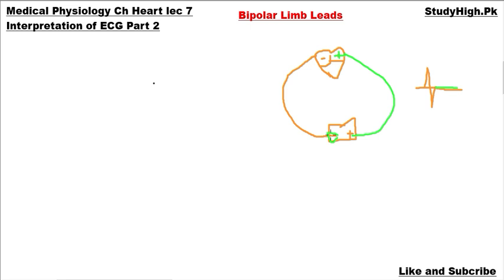This means both terminals are connected to the two poles, whether negative or positive, and both are involved in determining the electrocardiographic curves, the P wave and QRS complex. In unipolar limb leads, which we will discuss in our next lecture, the negative terminal of the electrode remains the same in all conditions.